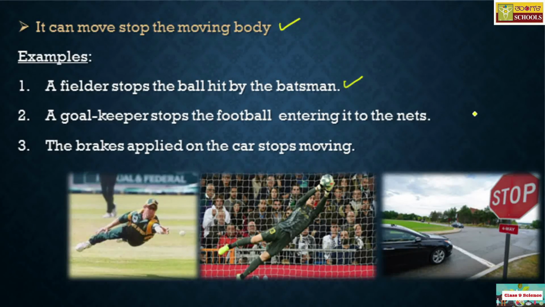Another example: a goalkeeper stops the football entering the net. In the second picture, you will see the goalkeeper stops the football entering the net. That is also done with the help of force. He is stopping the ball.